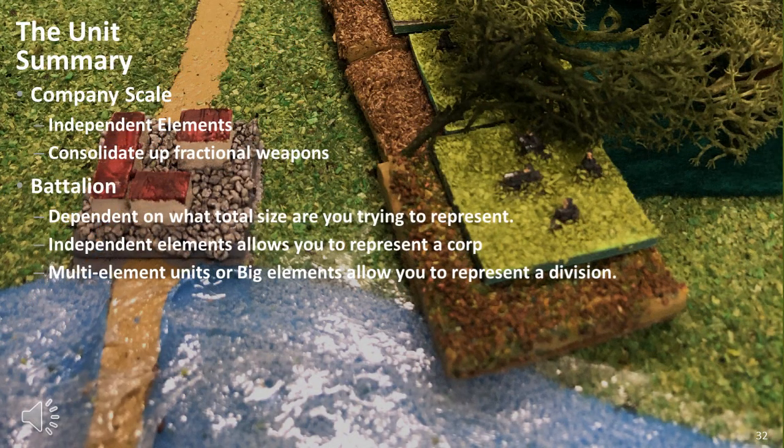It's getting a little bit confusing at this point, so let's do a midpoint summary of the two unit systems, multi-element or big base. While the multi-element unit or big element system could be used with company scale rules, I feel the best option is to stay with independent elements and consolidate upwards. For battalion scale, we have an interesting decision.